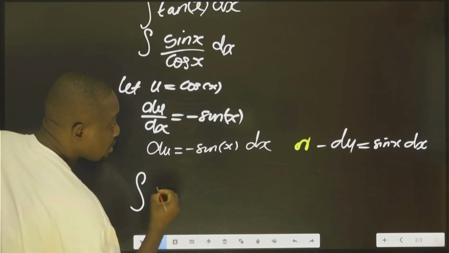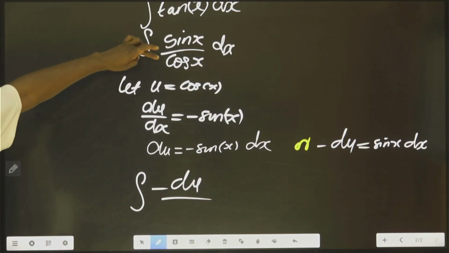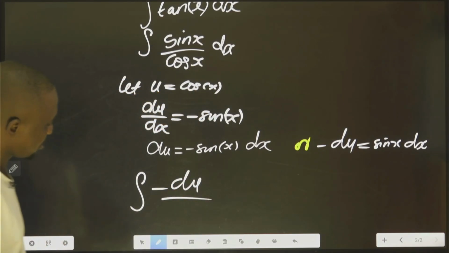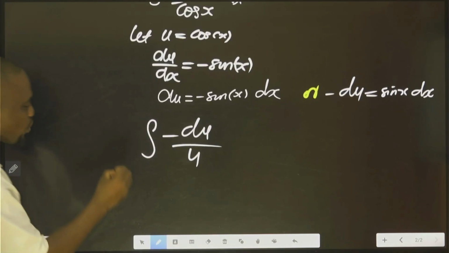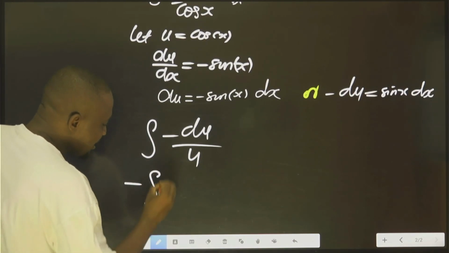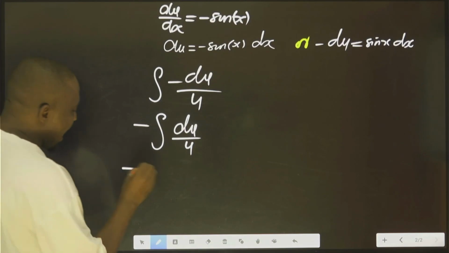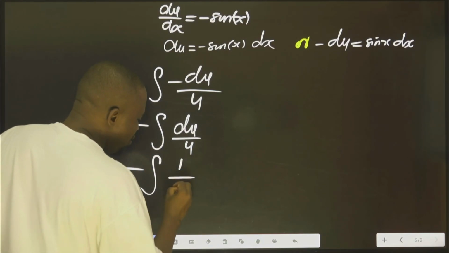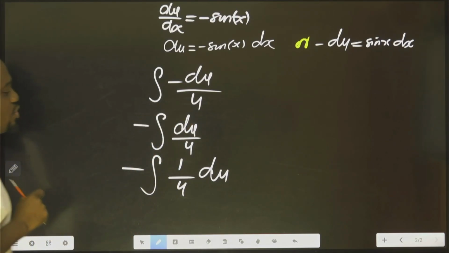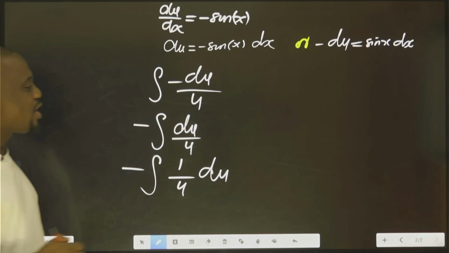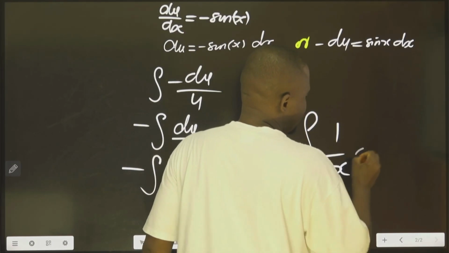That is minus du over, what is cosine? Cos x is u. You get it? So now, with this, we can say minus du over u. I can write this as minus the integral of 1 over u du. What is the integration of 1 over x dx?